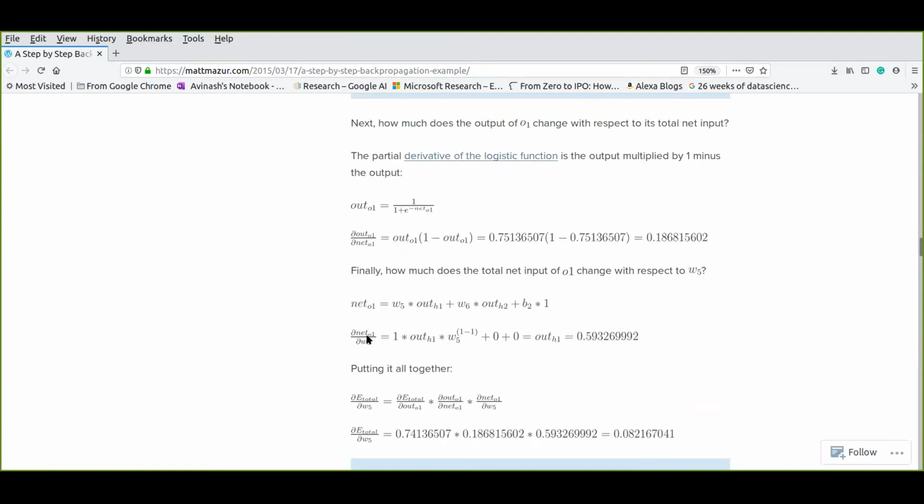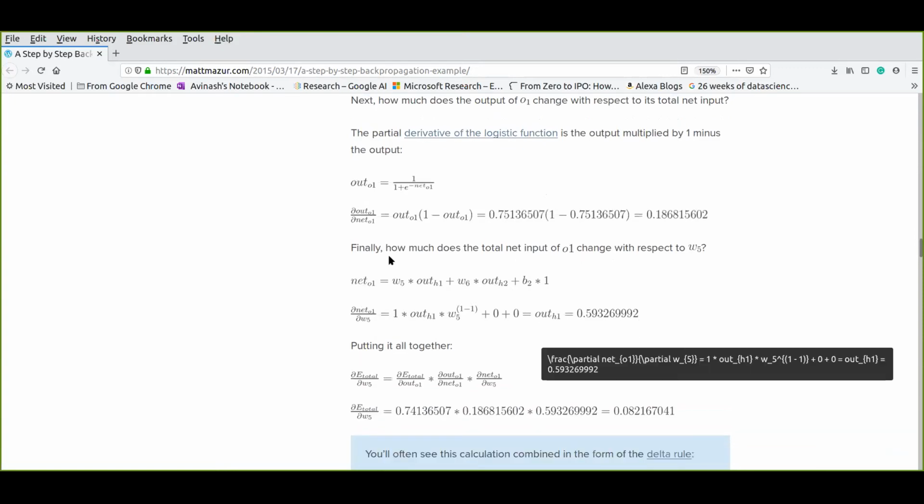The 1 comes from the partial derivative of W5 with respect to W5, which is 1. So we have 1 here, and out H1 remains. And here we have the W6 term. The entire thing is going to be 0, as W6 is considered a constant when the variable is W5. So this is how you get the output of this partial derivative as well.